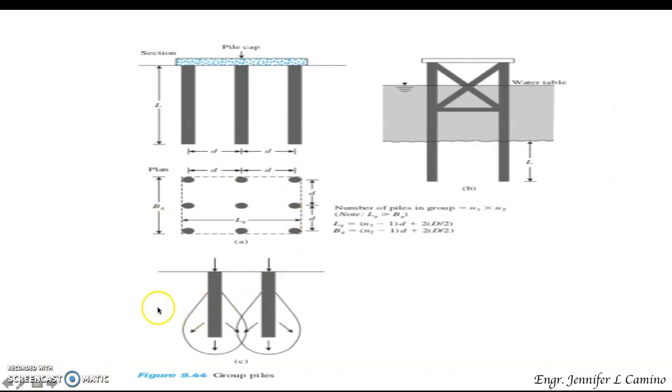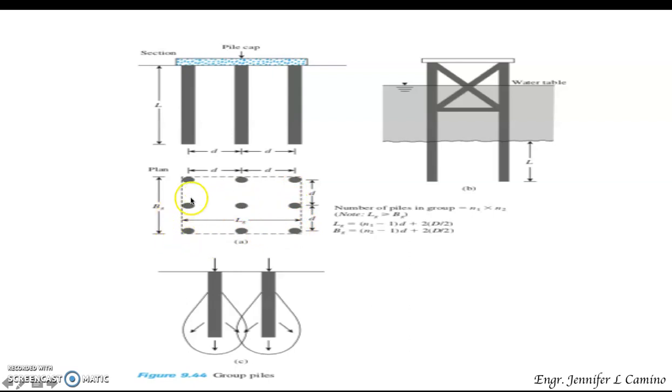This is the illustration showing the group pile, a group pile having a pile cap. This is the plan for our group pile. This one is the illustration for the placement of our piles.